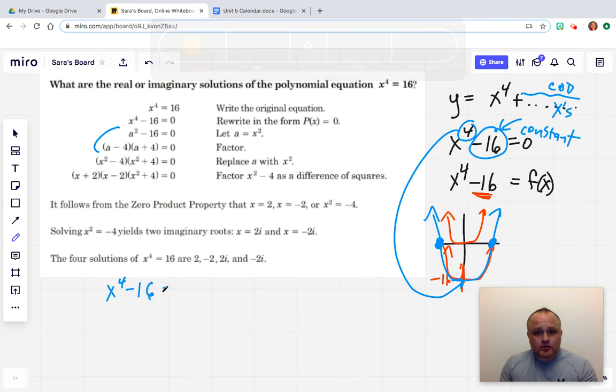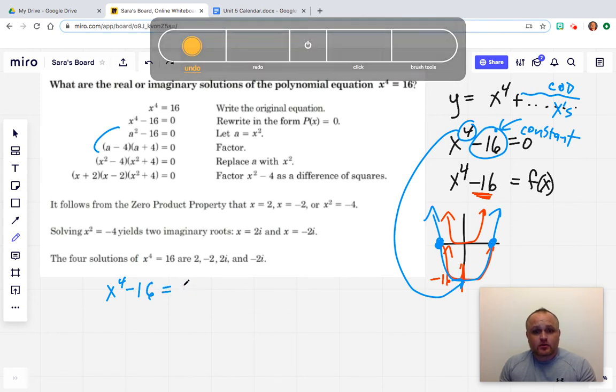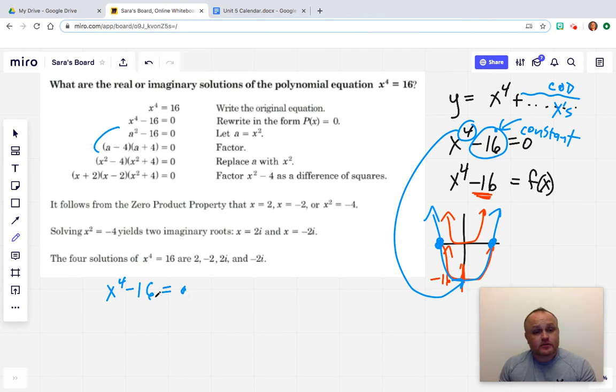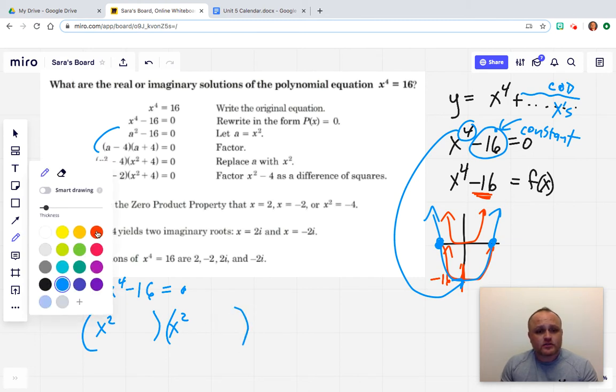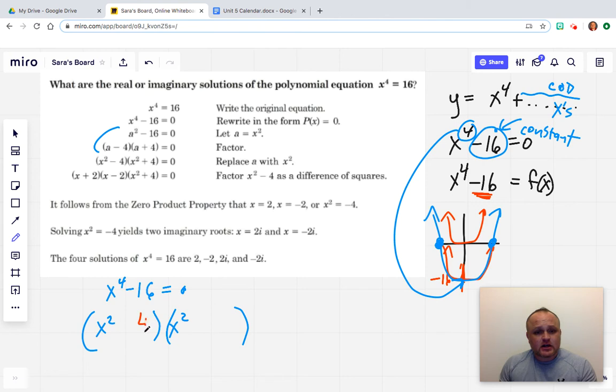And this one primarily, something that we've done a while back, is the difference of squares. If I square root this first one, I get that. If I square root this next term of 16, I get this. And this is called a difference of squares.